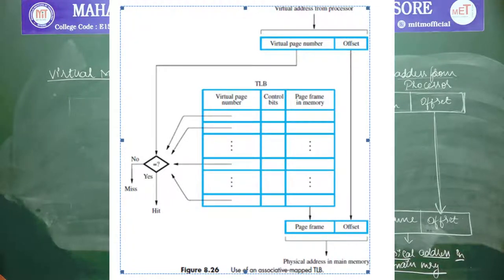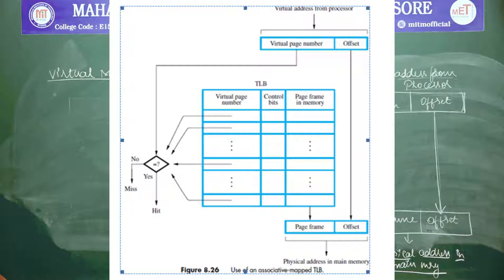Likewise here also you will be storing the most recently accessed pages in a small cache called the translation look aside buffer. So in the diagram you can view that TLB, isn't it? What is that TLB short for? TLB is nothing but a translation look aside buffer.